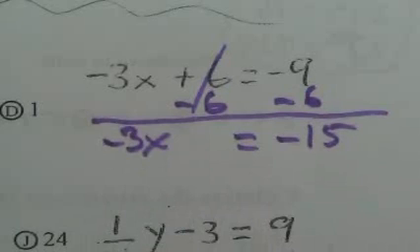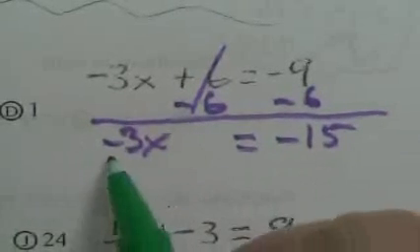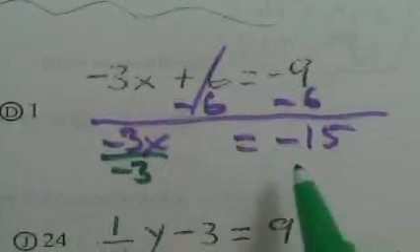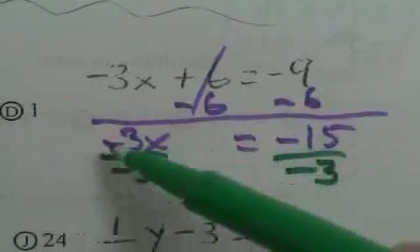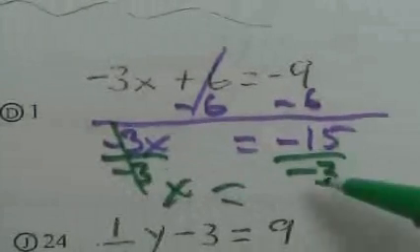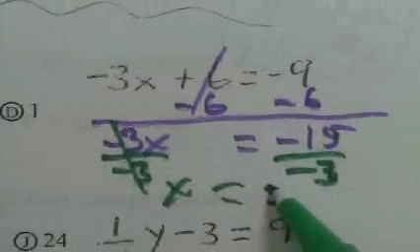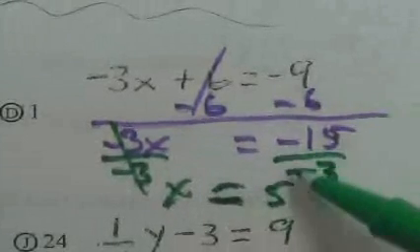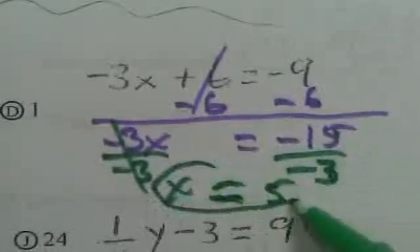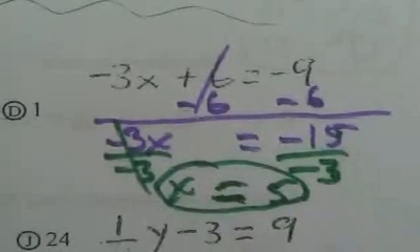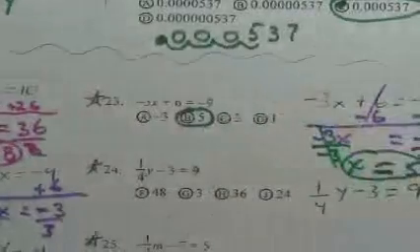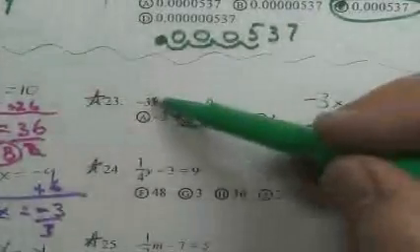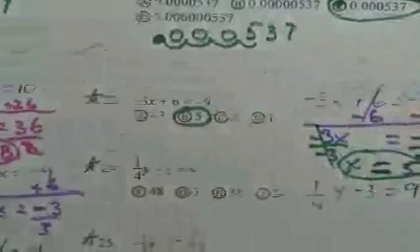If you can't, just go ahead and divide by negative 3. And you can see here that 3 goes into 15, 5. And the 2 negatives cancel. So the answer is just 5. So the correct letter is letter B. And remember, you can always plug it in and check it out, see if it works. Substitute it.